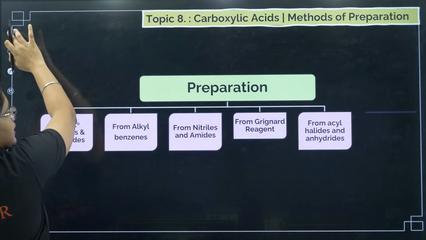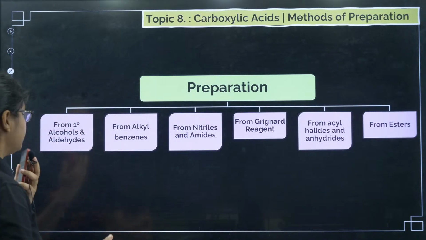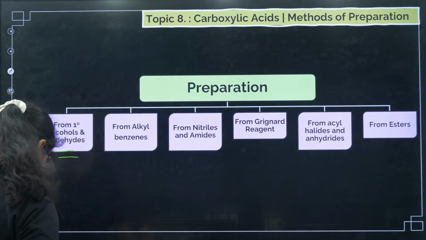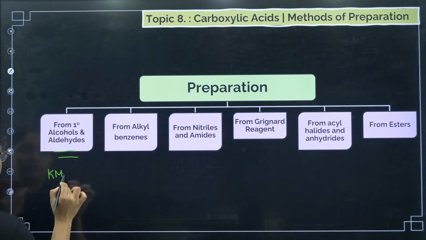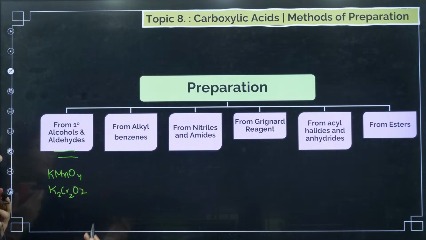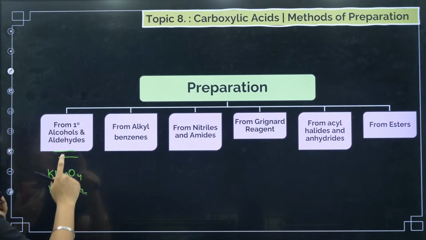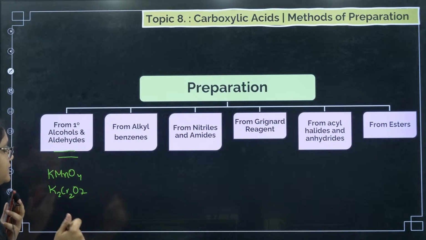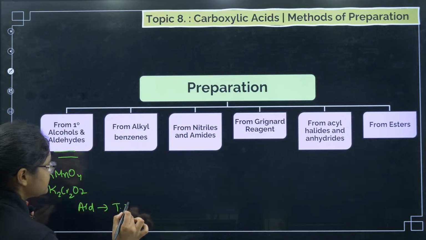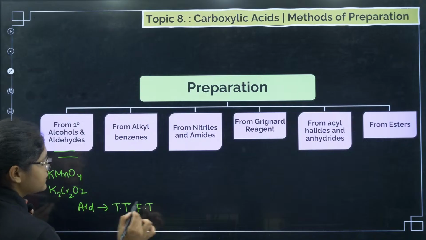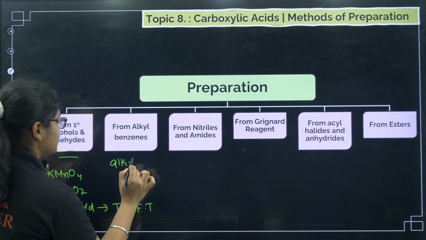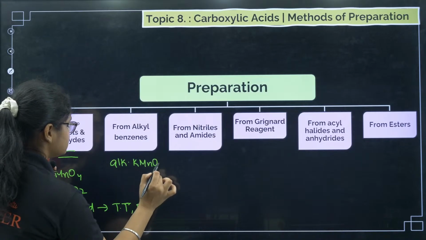Yes. Next question here will go to carboxylic acid. Quickly let's see the preparations of carboxylic acid from alcohols and aldehydes. If you oxidize primary alcohols, if I use KMnO4 or K2Cr2O7, these are the oxidizing agents which can oxidize primary alcohols to acids. And for aldehydes, you can use Tollens test and Fehling's test. From alkyl benzenes, here also I have to use alkaline KMnO4 and KOH solution.